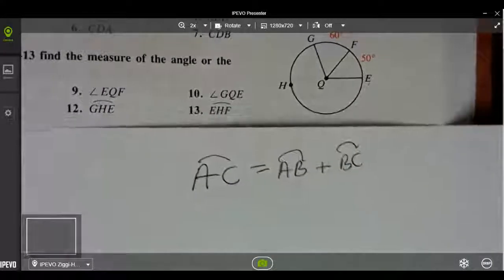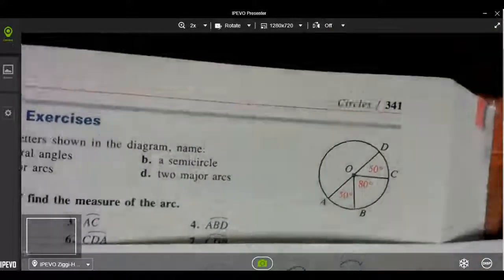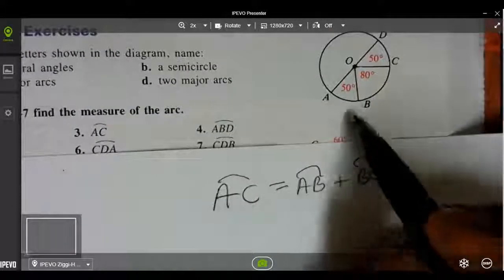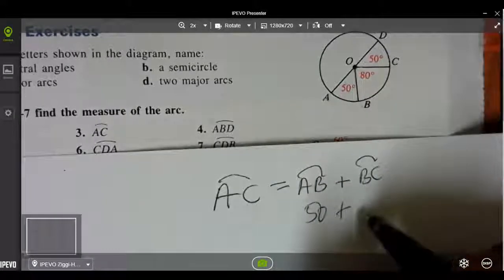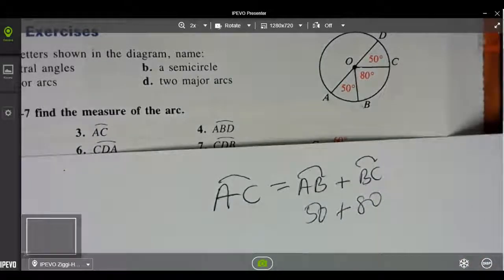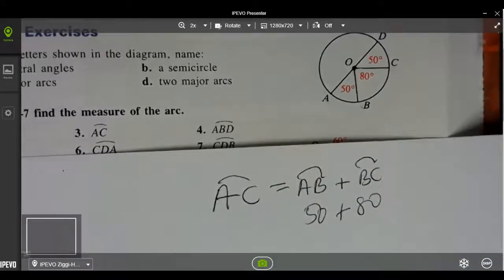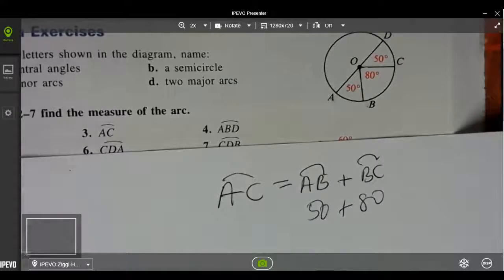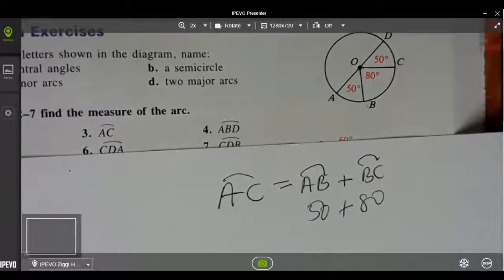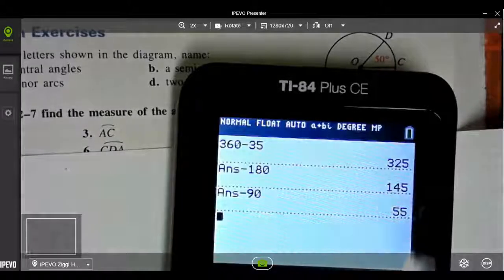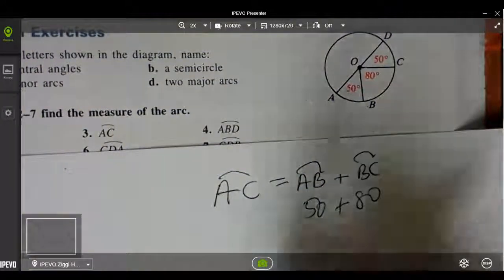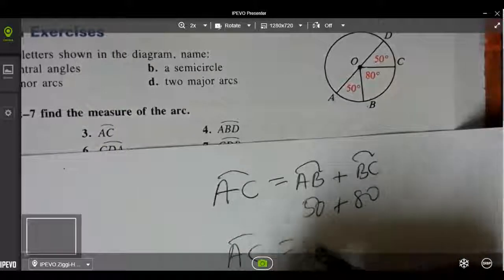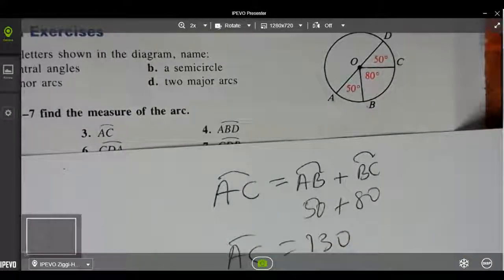So if we use the arc addition postulate, we can add AB, which is 50, plus BC, which is 80. We add them up, and that's 50 plus 80, which is 130. So AC is going to be 130.